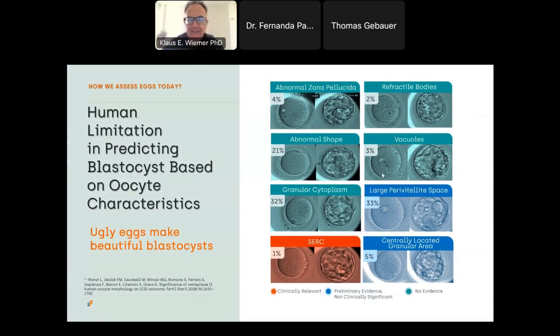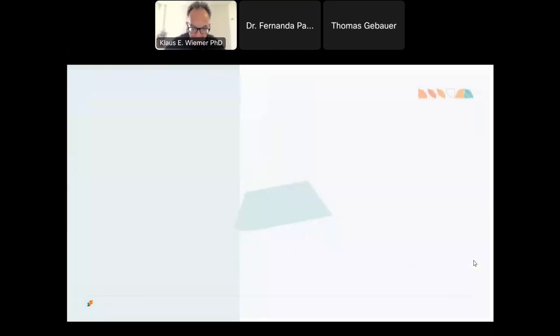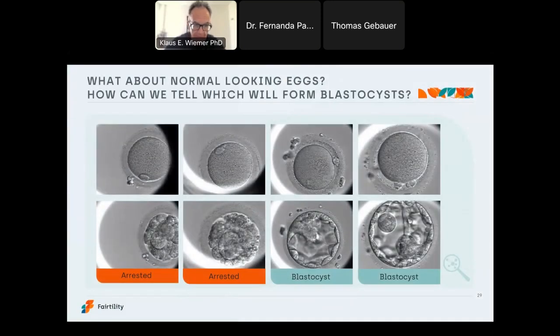And this shows you a listing of, for example, the literature says that abnormal zona occurs about 4% of the time, and smooth endoplasmic reticulum occurs 1% of the time. They say that's clinically relevant, but yet all these embryos make blastocysts. So we really need a way to grade oocytes. And so there are some really amazing AI platforms.